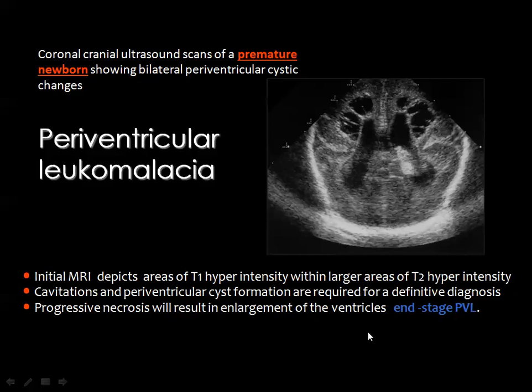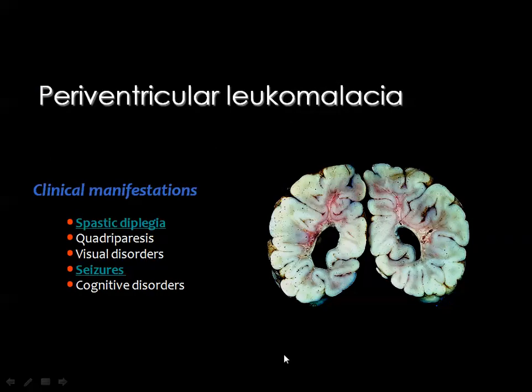In cases of leukomalacia, as I mentioned, there are areas in the white matter intimately related to the ventricle. They are of low signal in the T1 and high signal in the T2 weighted images. Also, transcranial ultrasound is very helpful in detection of the cystic changes in the white matter around the ventricles.